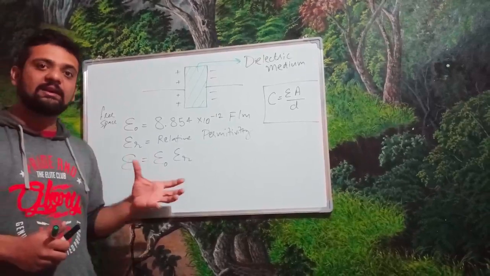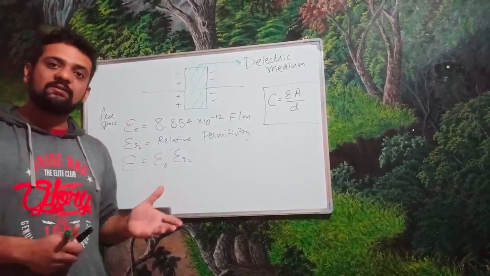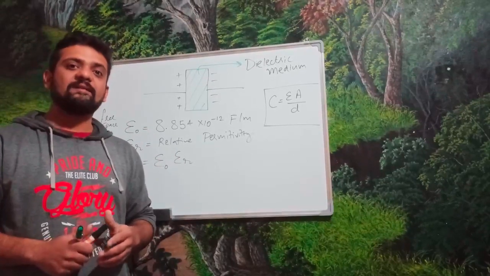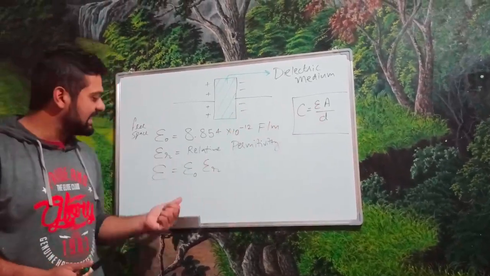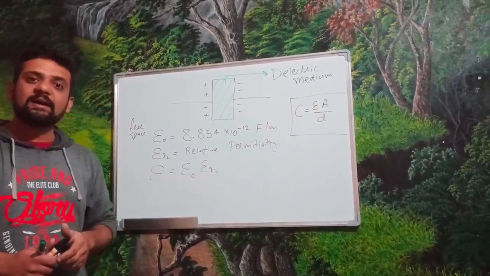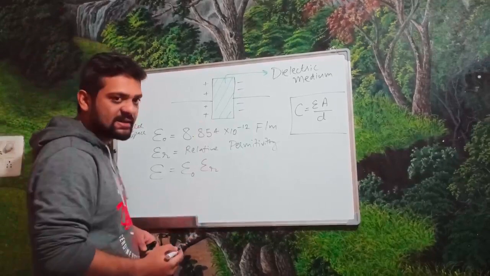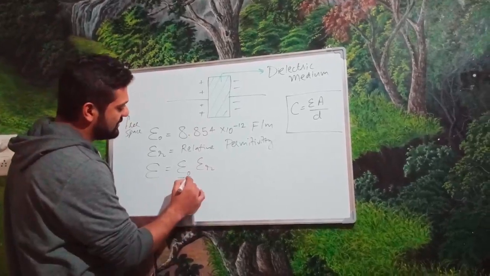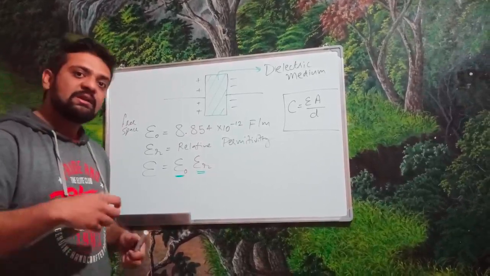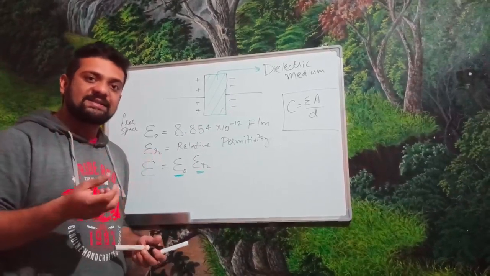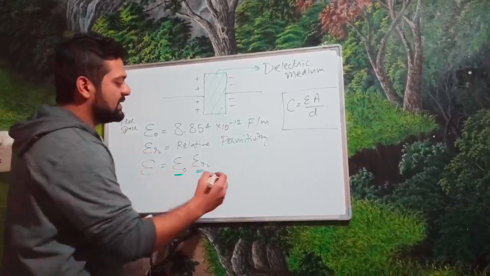Epsilon r, the relative permittivity, is just the number, and epsilon 0 is 8.854 into 10 raised to minus 12 farad per meter. Now we can represent this permittivity epsilon as epsilon 0 multiplied by epsilon r. So for any other medium other than free space, we would be using epsilon is equal to epsilon 0 into epsilon r. So more the amount of electric field lines passing through this dielectric medium, better would be the permittivity and higher would be the capacitance.